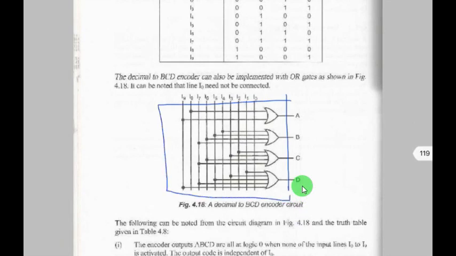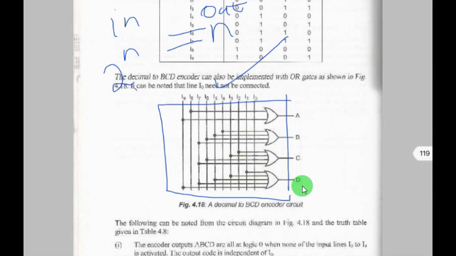Let's say we have 9 input lines. I'm looking at figure 4.18. In this case, since we have said it works in reverse of a decoder, the number of output lines is going to be n, and the number of inputs is going to be 2 to the power n.